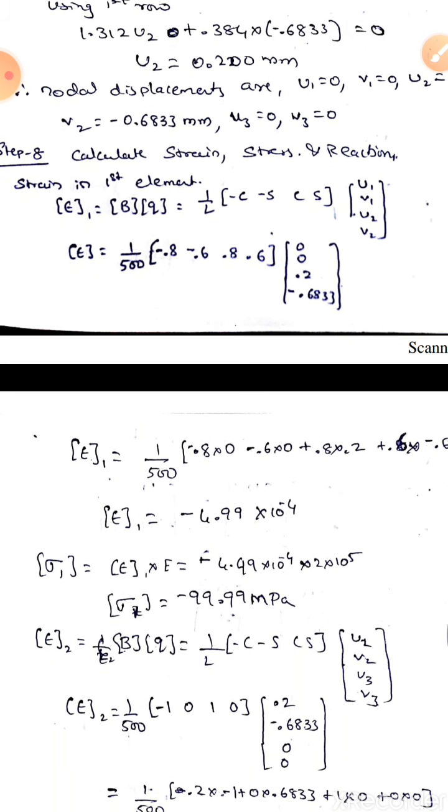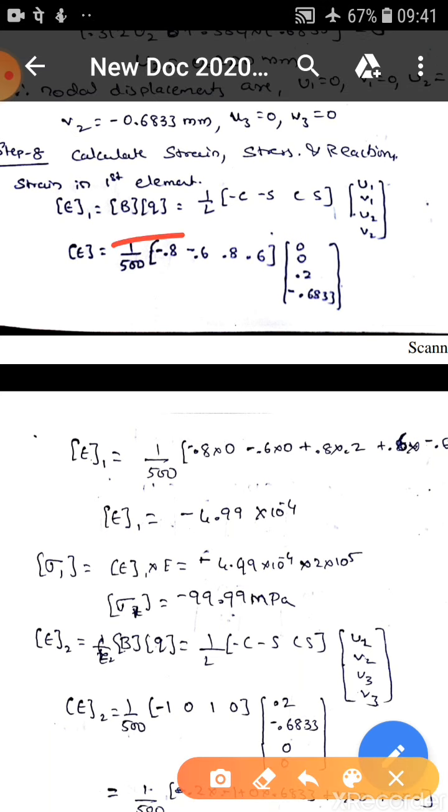Next, we will calculate the strain and stress in each element. Strain epsilon is B into q. The B matrix for trusses is 1 by L times minus C, minus S, C, S, for u1 v1, u2 v2. The values of C and S are taken directly from the element table: 1 by 500, minus C, minus S. The u1 v1, u2 v2 values are taken from step 7.